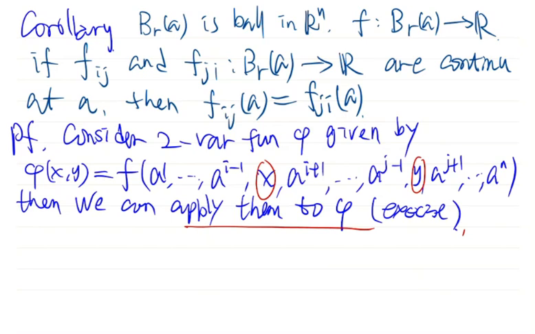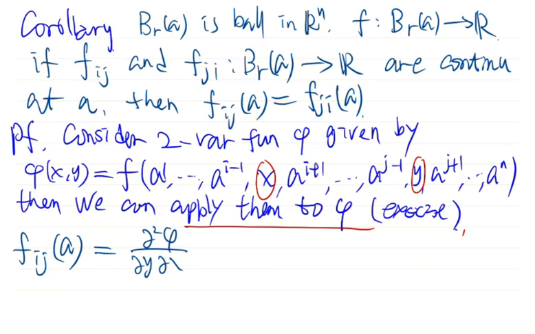We obtained Fij is the second derivative of phi, first x and then y, at the point aij.